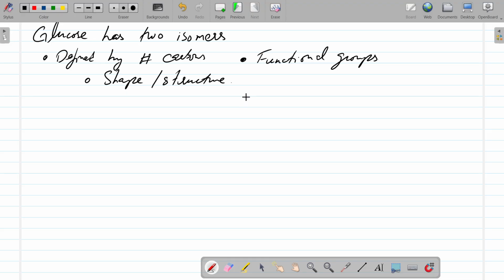And so what isomers are, the number of carbons is not going to change. So the position of either the functional group basically, or maybe slightly the shape or structure will change, and that gives rise to an alternate form of the molecule.